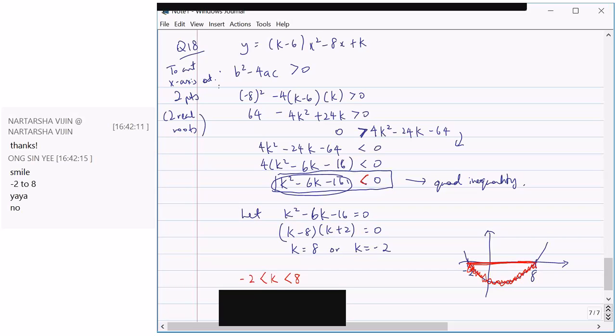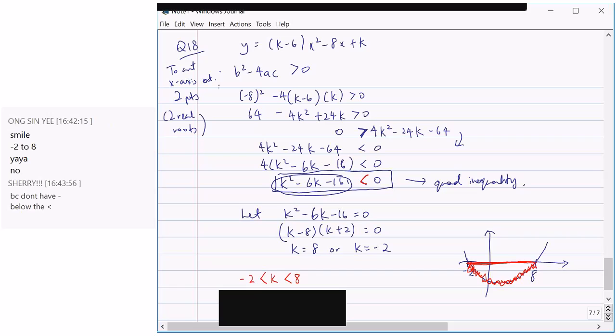Sherry, why no equal sign? Yeah, because the question itself doesn't have equality.